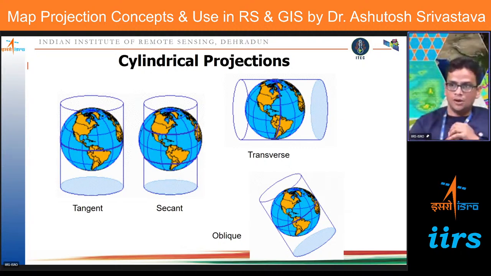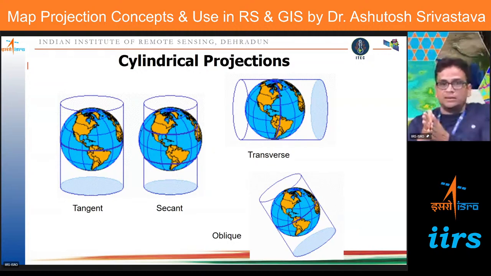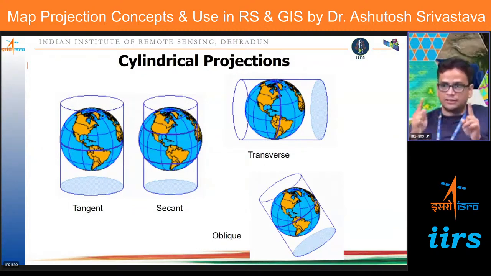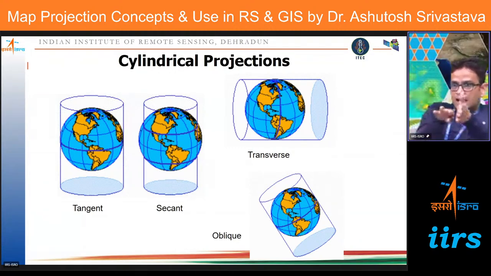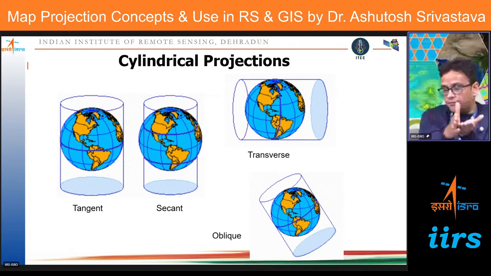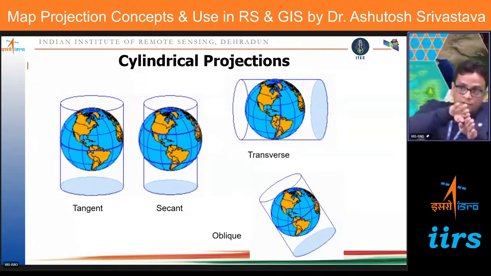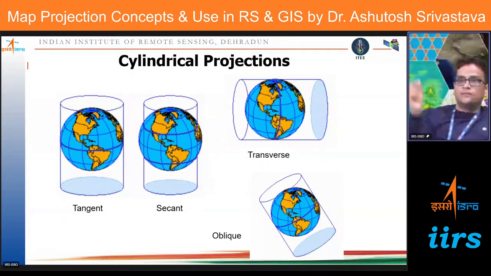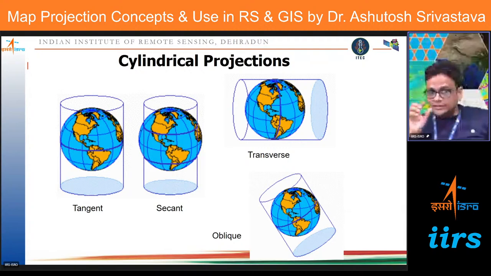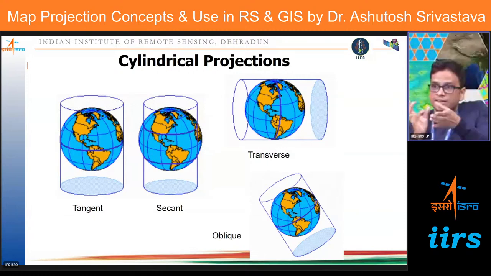Wherever it is touching the surface of the cylinder, when you project, that line will come exactly onto the surface in the two-dimensional map. So there will not be any distortion along the line, but when we move away from this line, the distortion will increase. So this first case is the tangent case, where both radii are equal. It is just a touch.